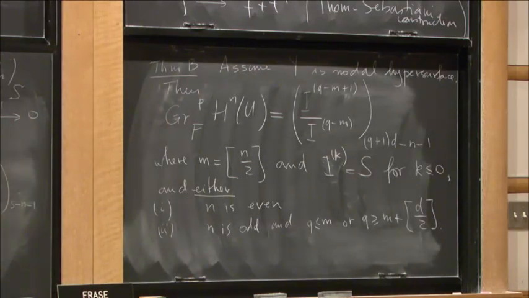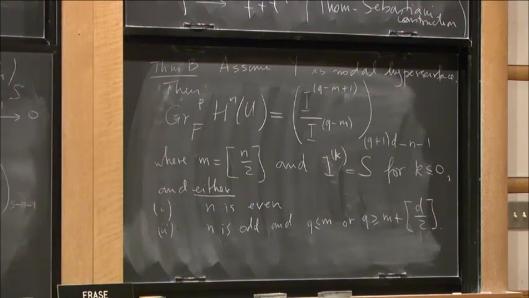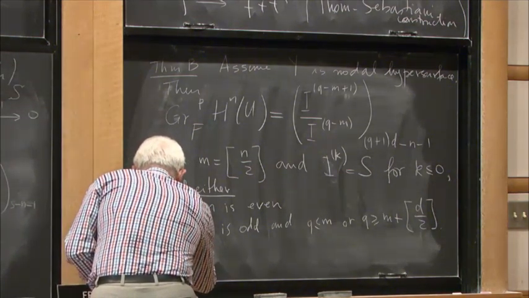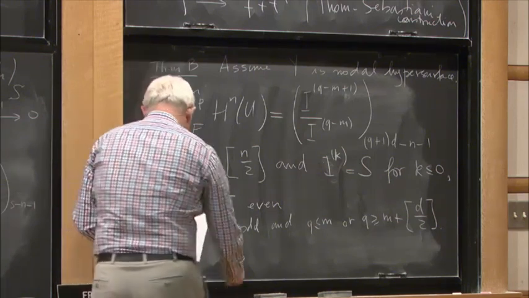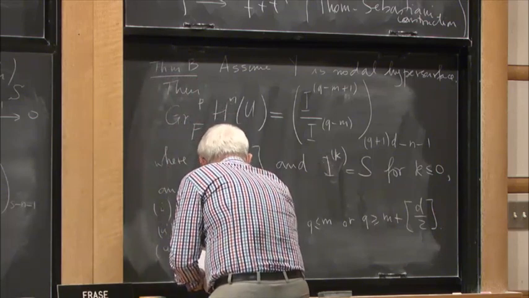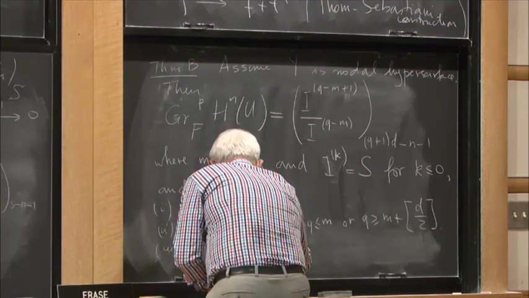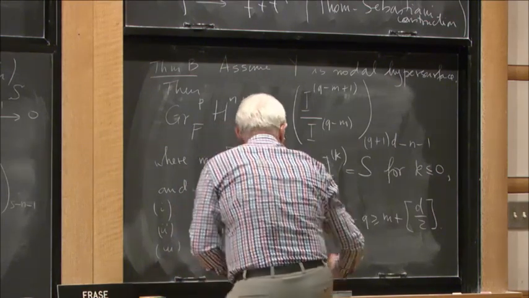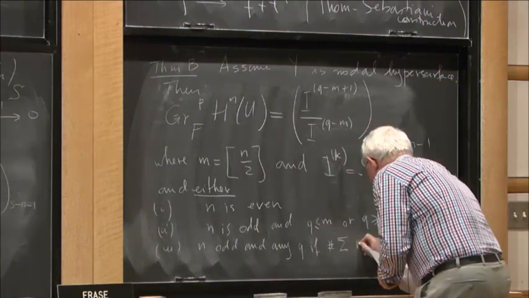So outside this gap, we can prove that the formula works fine. But we have this gap, and there we cannot conclude. And this gap can be avoided. So I will write here n odd and any q, if the number of nodes is not too big.